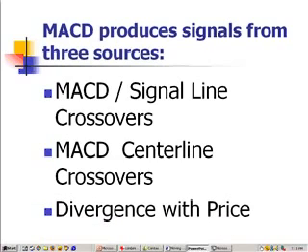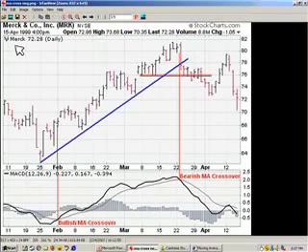The most powerful, in my opinion, signal that MACD produces is the divergence. The divergence that MACD has with price, although again it's the least frequent signal, is the most powerful, produces the biggest moves, and is also the most reliable signal.